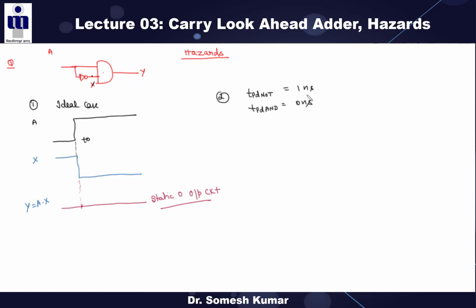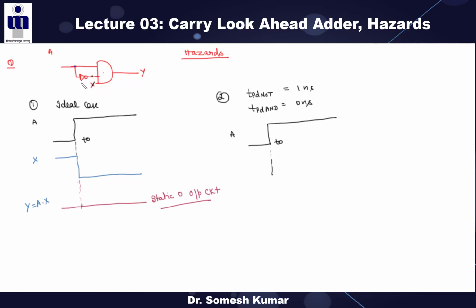This is given, and this is your A, and this time period I am denoting T naught. Now tell me, what is your X? If this is A, what is X?